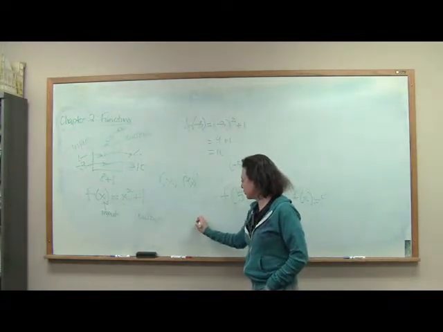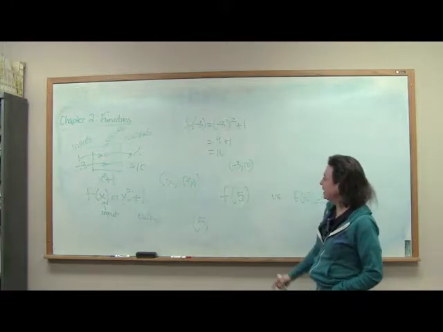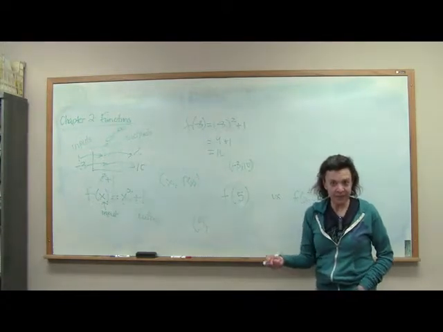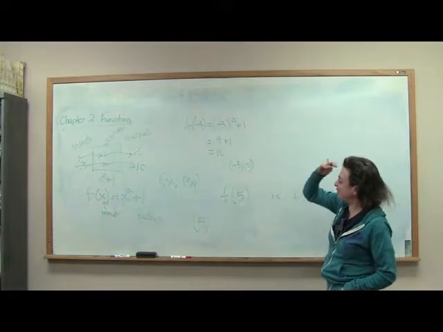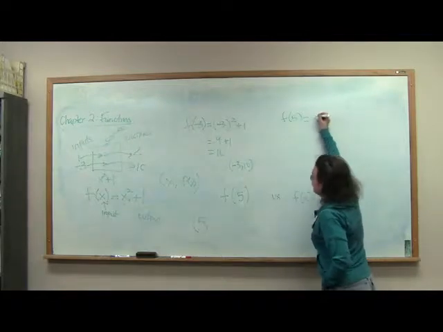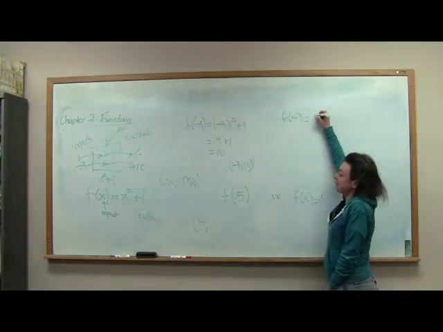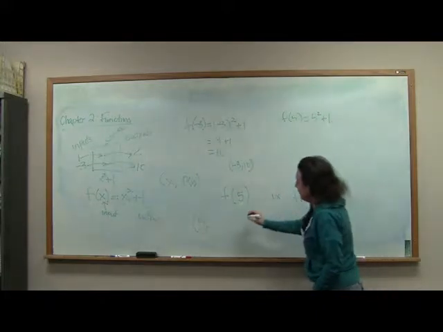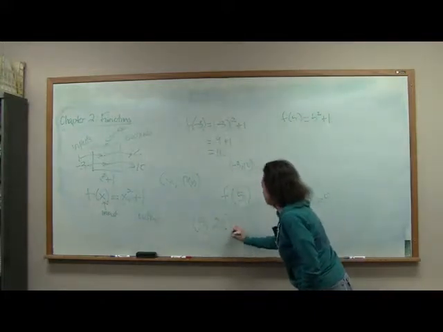So far as an ordered pair, we have 5, and we would want to know what f of 5 is. Can we find that? Well, yeah, let's just use the function that we have here. F of 5, well, again, everywhere where I see an x in my function f, I'm going to replace it with 5. And I claim 26 comes out.